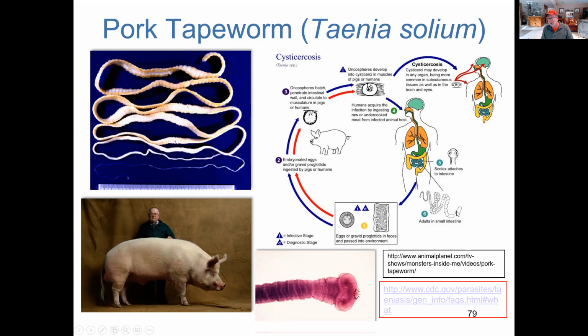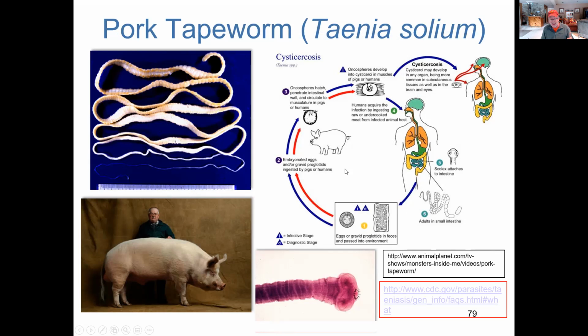These end proglottid segments on the distal end of the tapeworm contain well-developed reproductive structures. And so when you get to the very, very end, this is where the eggs have become fertilized. And these proglottid segments can break off, basically, and pass through the rest of the digestive system, and are passed into the feces and outside.